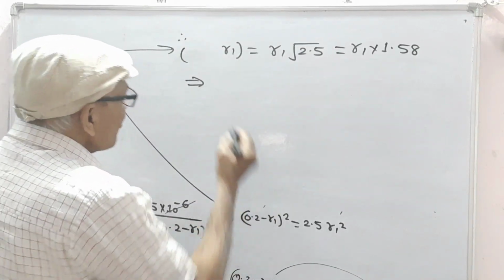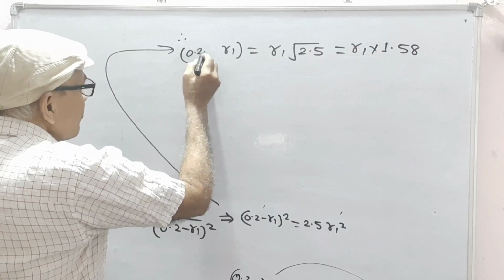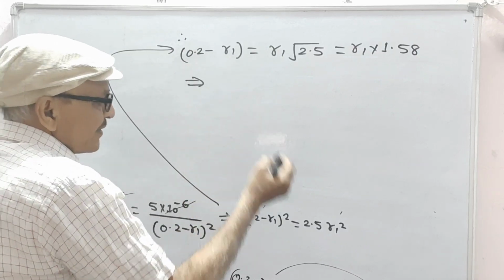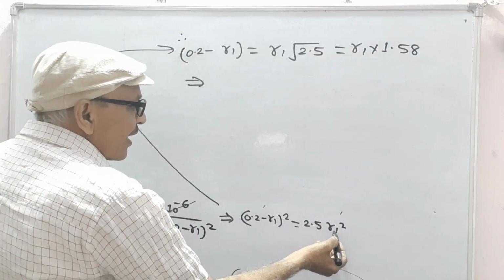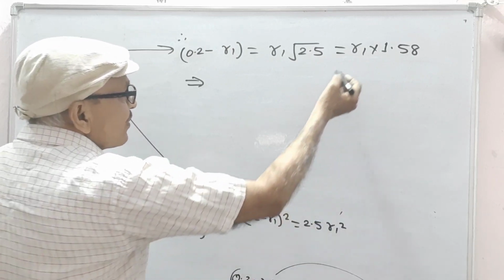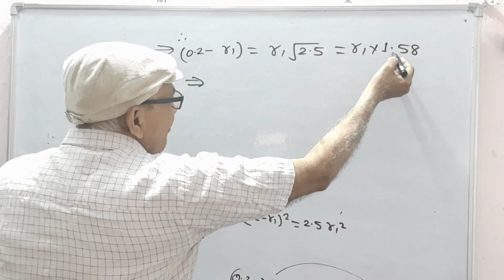Taking square root on both sides, we get 0.2 minus r1 is equal to r1 into root 2.5, which gives 1.58 r1.